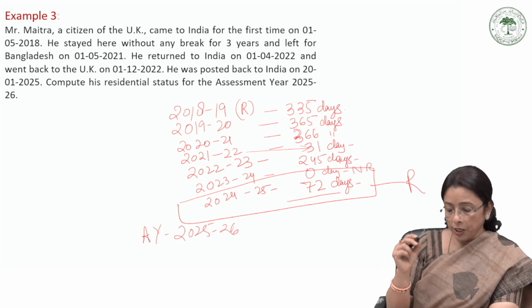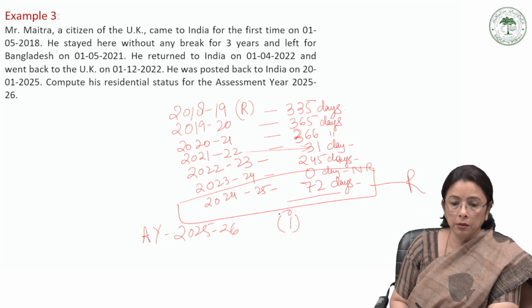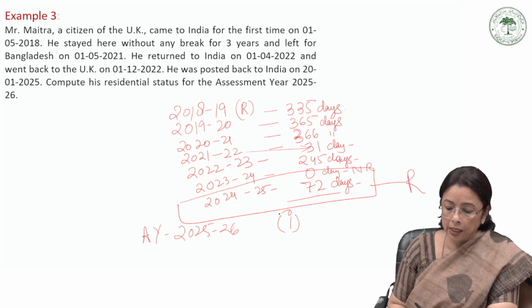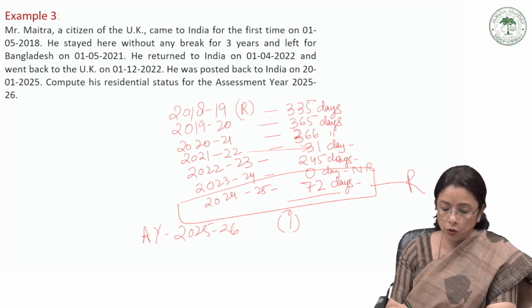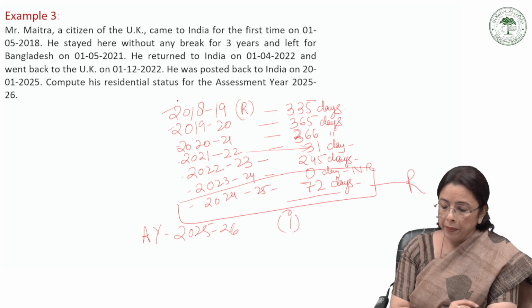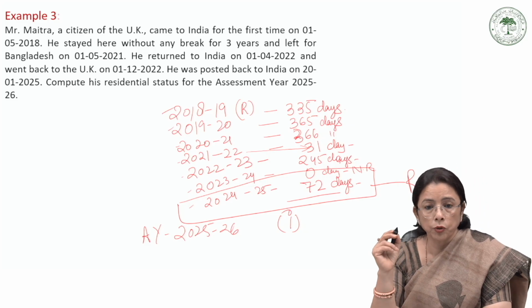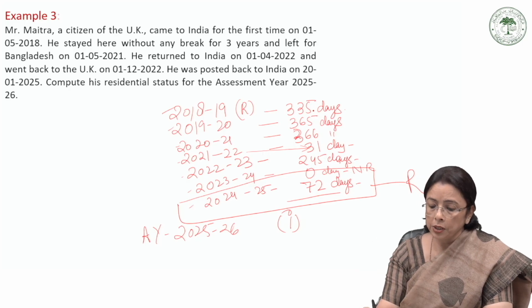So if we check back the first point of the additional condition, that is how many days did he stay in the last 7 years. So 1, 2, 3, 4, 5, 6, 7. Is it more than 729 days? So it is 335.